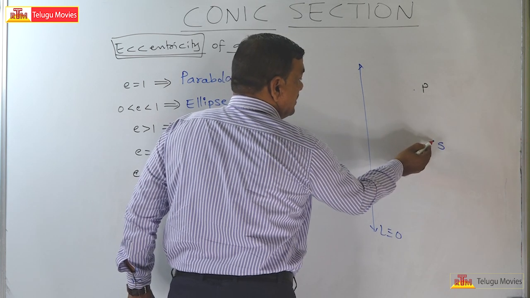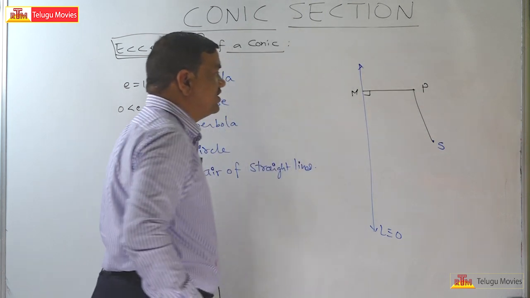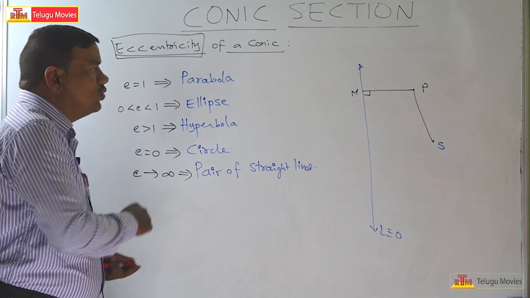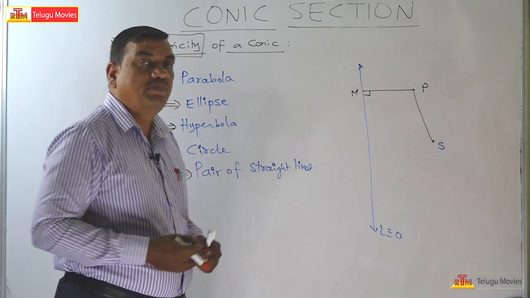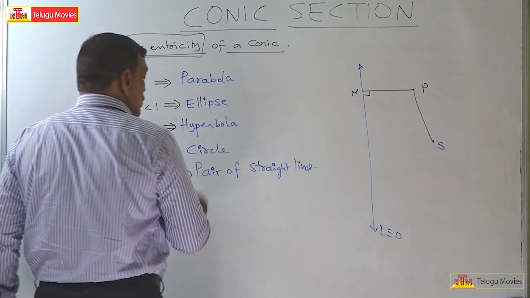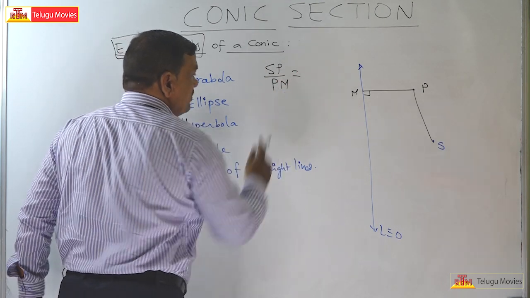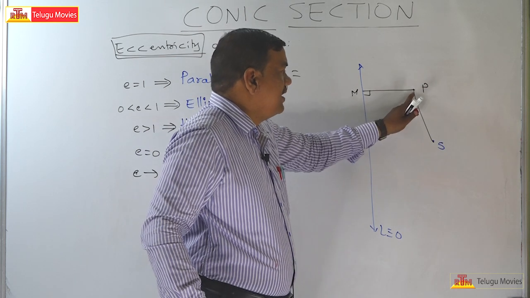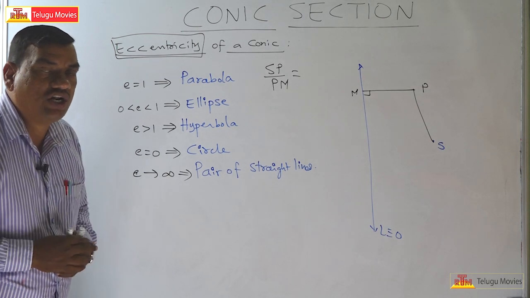Just we have seen SP by PM, where PM is the perpendicular distance from the point to the directrix L, and SP is the distance between S and P. So SP by PM is a constant ratio.